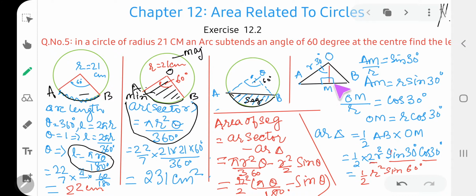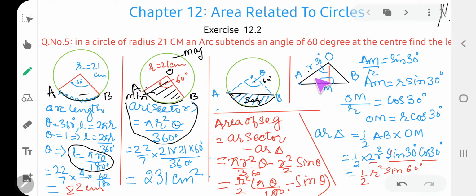So I drop a perpendicular OM here, and now in this triangle OMA I know only one side, the radius of the circle, R, which is given to me. So children, in this I will apply trigonometry. According to that, perpendicular upon hypotenuse: the theta is here, and in front of theta is the perpendicular, AM.